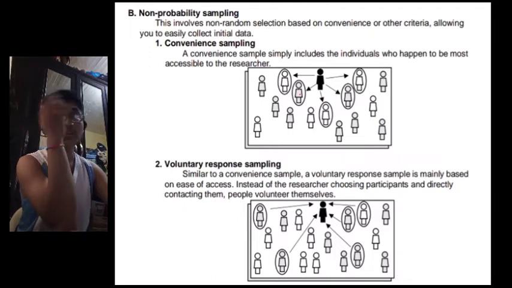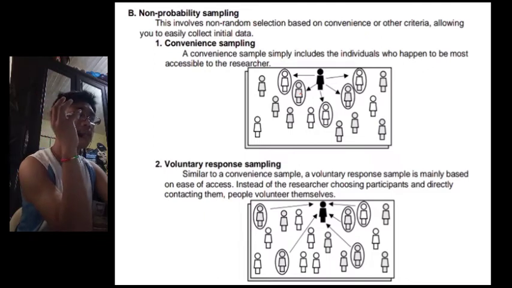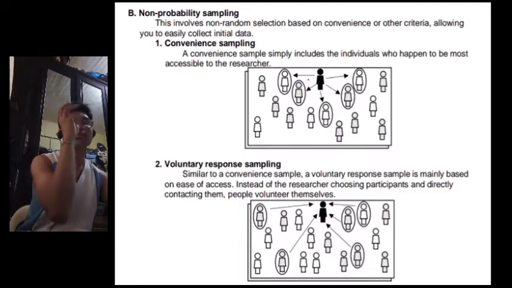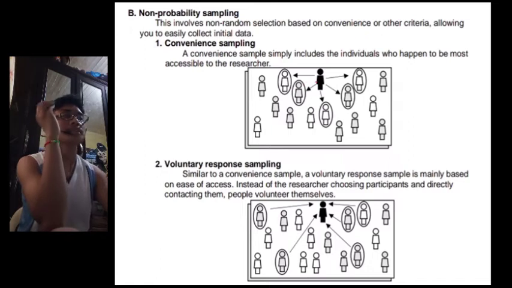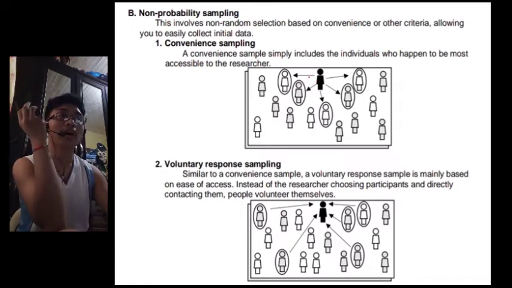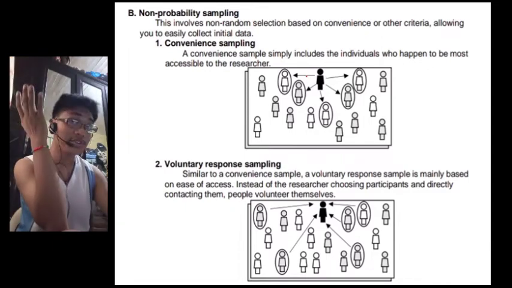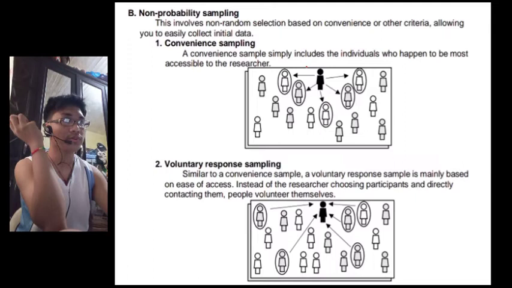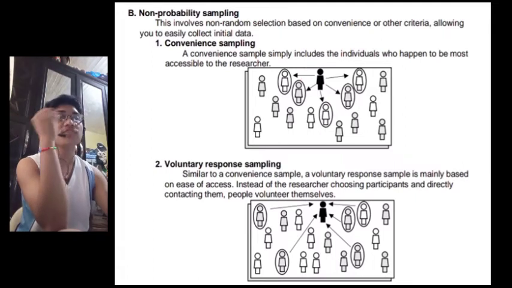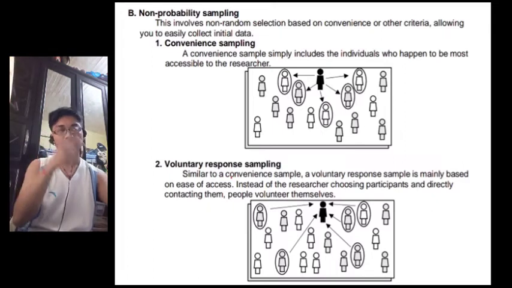Next, voluntary response sampling. Similar to a convenience sample. Ito, I forgot to explain. You are going to do a research, you are going to interview someone, diba? Ito, applicable siya sa election.